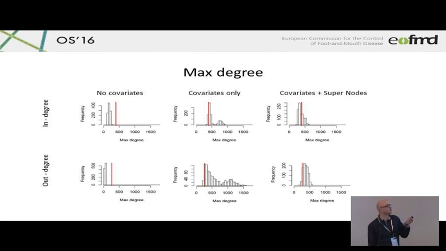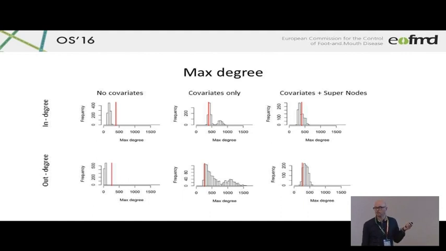You have the model column-wise, with in degree on the top and out degree on the bottom. The red line is the maximum degree taken from the data. So we do underestimate when we use no covariates. We overestimate when using covariates only, but we capture the maximum degree distribution quite well. We capture the maximum degree quite well when we use the most complex model.